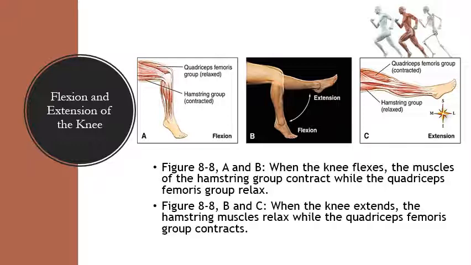So if we have extension, that leg is straight. If we have flexion, that's what we do when we sit in a chair: we flex our leg to a 90-degree angle to be able to sit in a chair, unless you're in a recliner. Then you have extension.